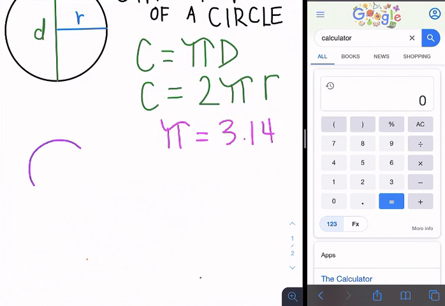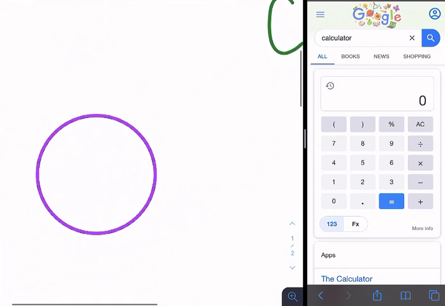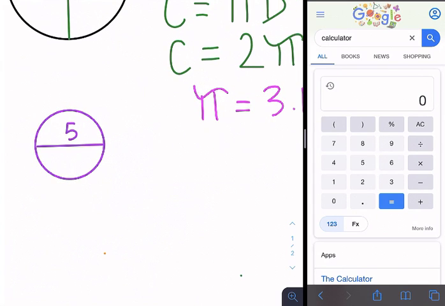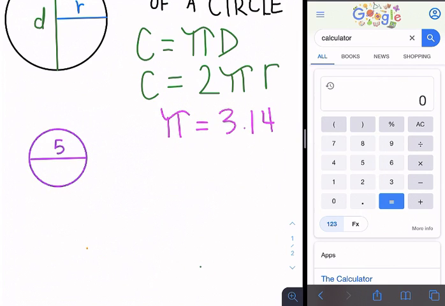Let's say that my circle has a diameter of 5. All right. So if my circle has a diameter of 5, I could say that the circumference is 3.14 times the diameter, which is 5.